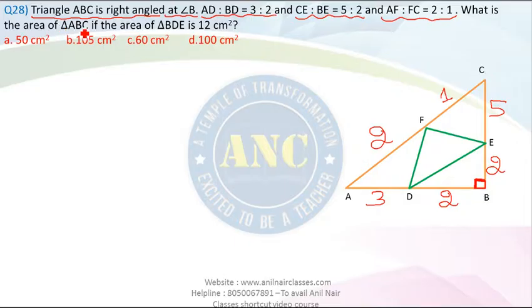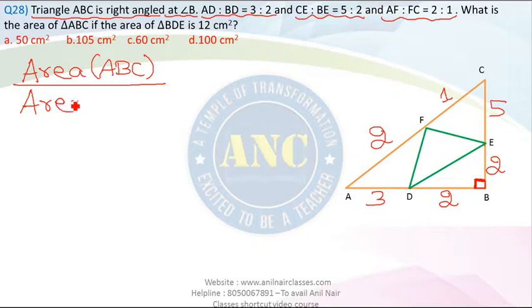What is the area of triangle ABC? That means the area of triangle ABC, if the area of triangle BDE is 12 square centimeters. Now, simple thing is, let me take the ratio. Area of ABC divided by area of BDE.